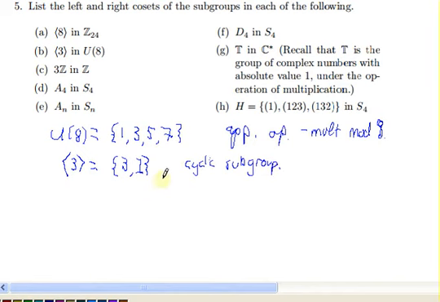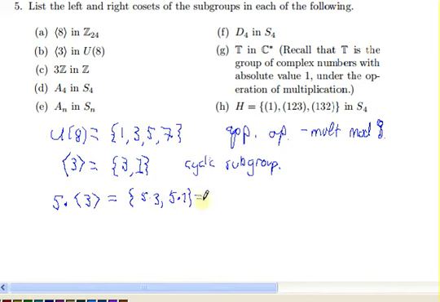Now, notice that if I take all of the elements in this cyclic subgroup and multiply by another group element, I'll get another set. For instance, let me take the element 5. If I take the element 5 and multiply it by every element in this cyclic subgroup, I'll write that this way: 5 times angle brackets 3. If I do that, then I'll get 5 times 3, and again, this is multiplication mod 8, and I'll get 5 times 1.